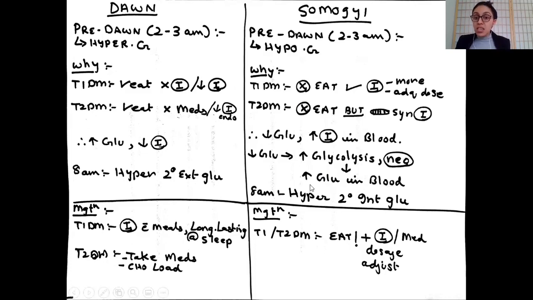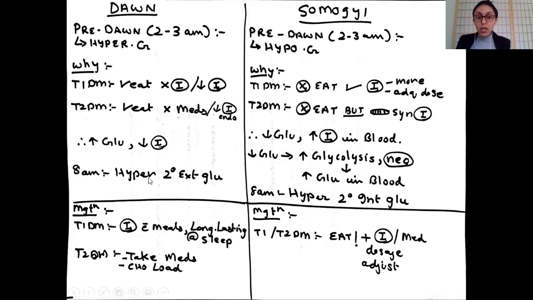But remember, this glucose in the blood now was produced because of internal production of glucose. It was not because your diet was high in glucose. No, it was because in the night time you had internal production of glucose because of the metabolic cycles. Therefore, now when you're waking up, you are having a high amount of glucose in the blood.